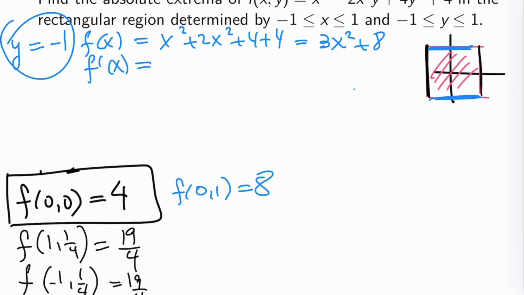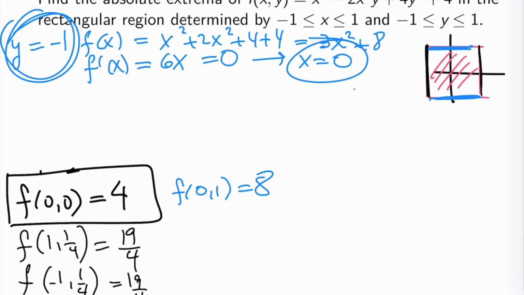We do the derivative of this, and this is just 6x. We make it equal to 0, and we get that x is equal to 0. That is then our next point, and we evaluate, and we get that f at (0, -1) is equal to 8 again. Okay, so with this we finish what happened at each of these segments. It remains to see still what happened at the intersection points.